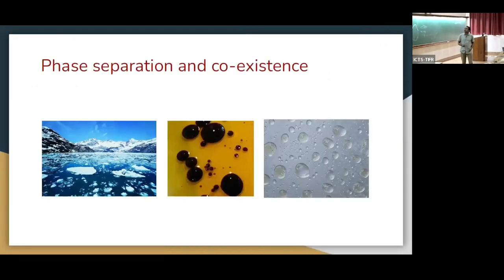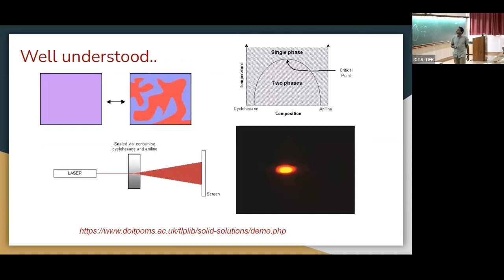Phase separation, or coexistence, occurs at all kinds of scales, like oil and vinegar, which you have seen many times. Generally, the phases are well understood: it's like a two-phase versus one-phase scenario.